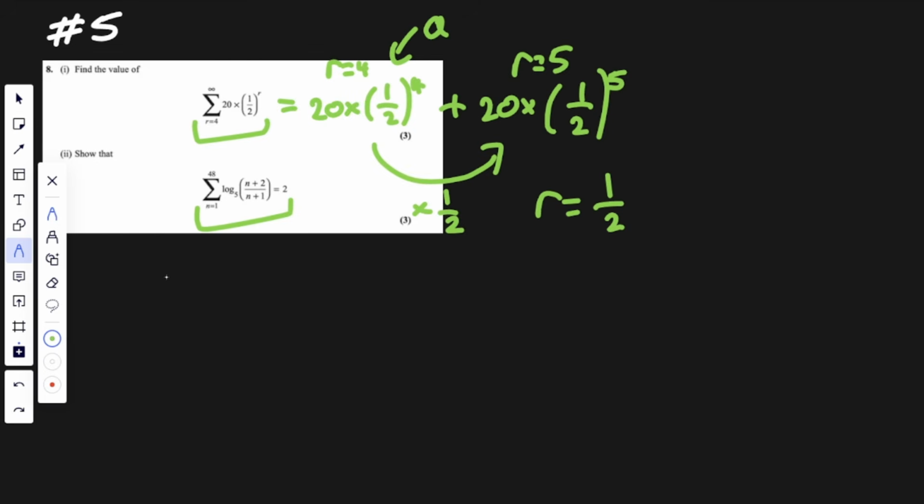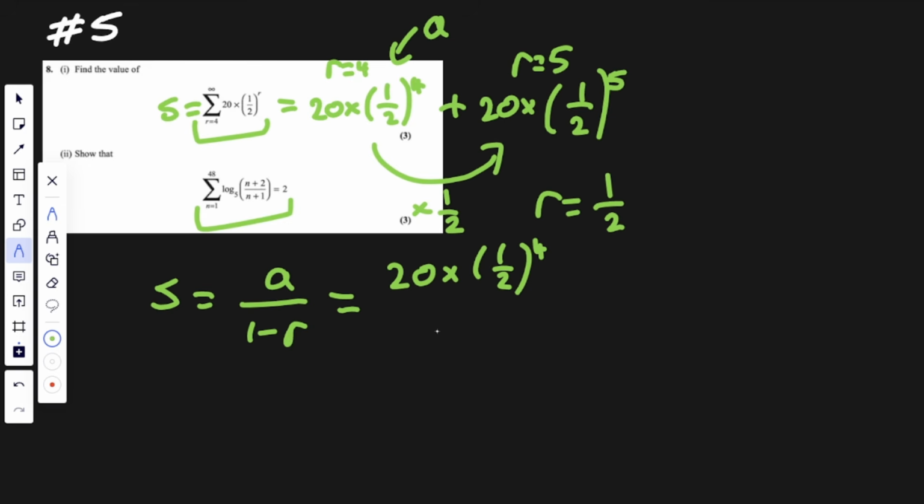So what we know is this sum up here, which I'm just going to call s, we know that s is equal to a over 1 minus r. This is in your form booklet. So we get the a, which is 20 times a half to the power of 4, divided by 1 minus a half. Well, the bottom is a half, so we're actually going to get 20 times a half cubed.